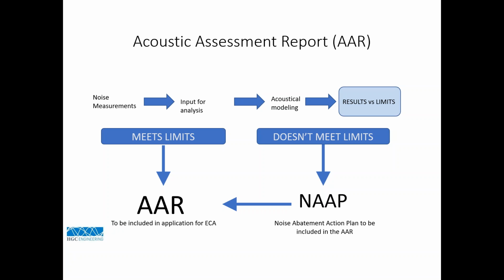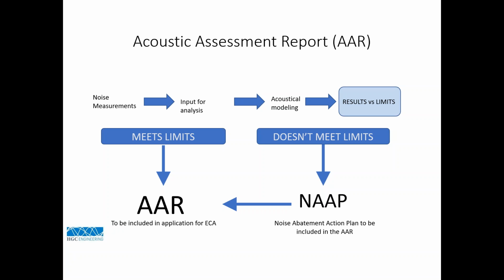So for example, if your plant is in a more rural area, then those limits tend to be more stringent than if your plant is in a more urban area with a lot of background sound and so on. So the easiest, most straightforward way to complete the assessment is, if your site meets the limit, then there's no problem, and you just have a report and file an application, and then essentially you get your approval.